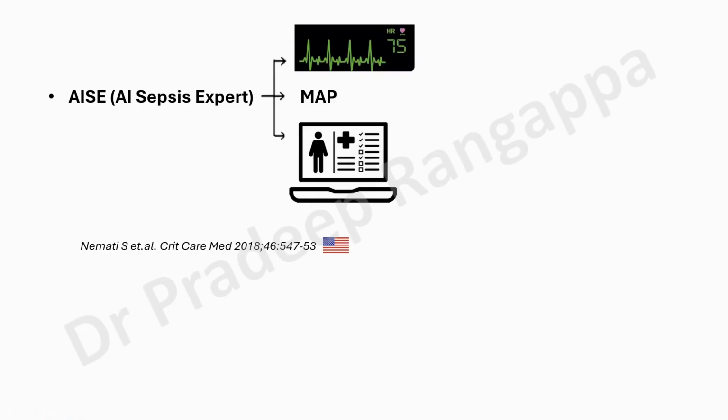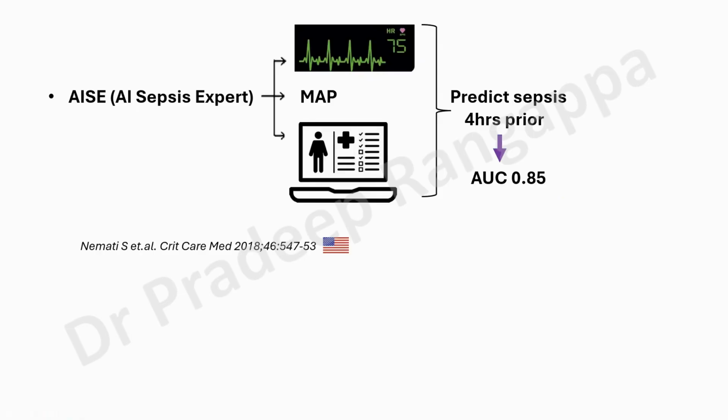When they used this ICE algorithm, they could identify or predict the occurrence of sepsis 4 hours prior. This is a benefit they found with the ICE expert. Its ability to predict sepsis 4 hours prior to the clinical ability to recognize it was good, and the area under curve was 0.85.